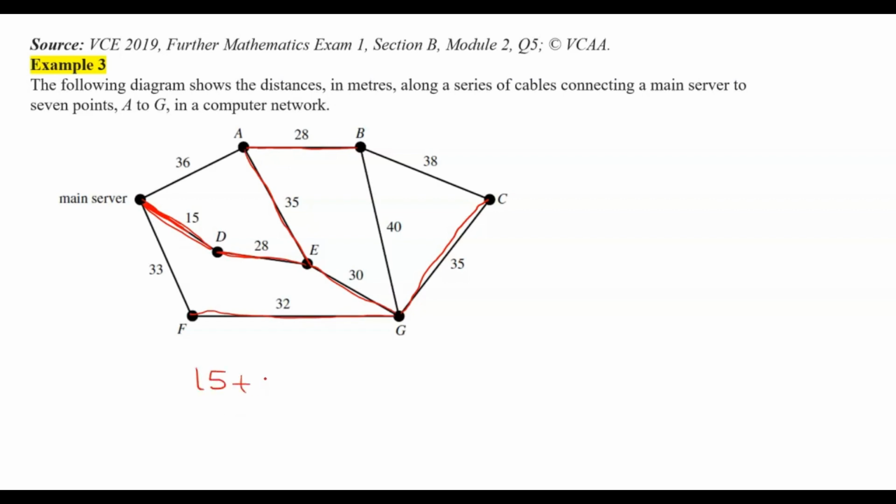Minimum spanning: 15, 28, 35, 28 again, 30, 32, 35. If you add all this, it gives us 203. That's the minimum length of cables required for this. And that is the third example. I hope that's clear for minimum spanning tree.